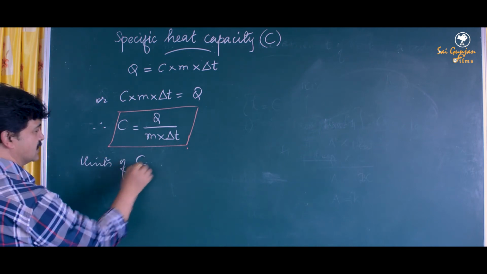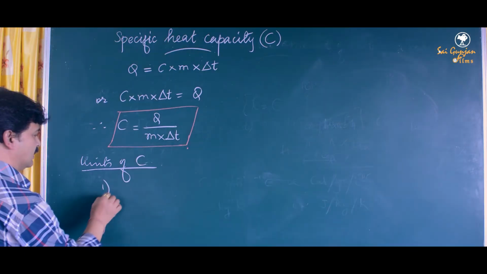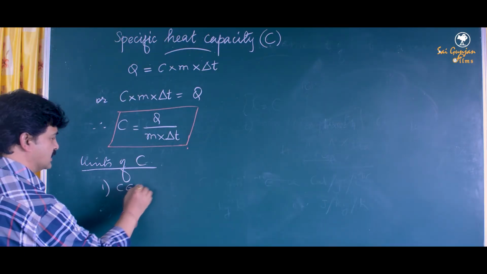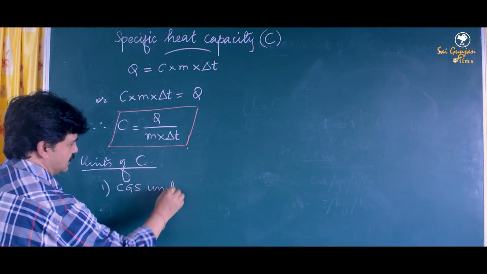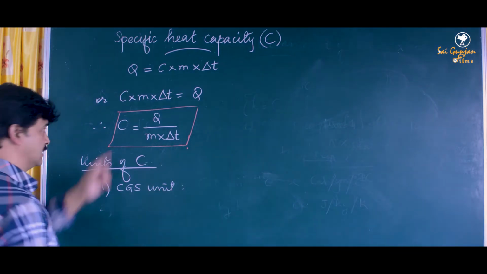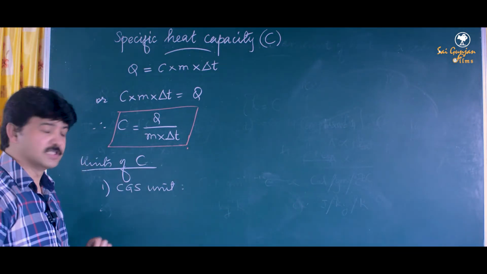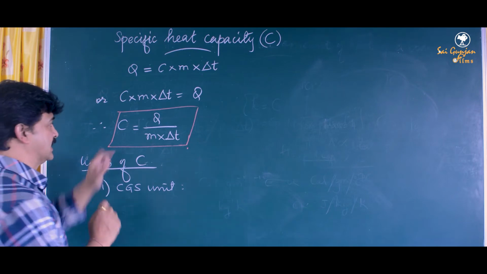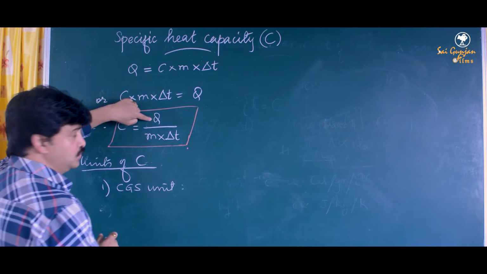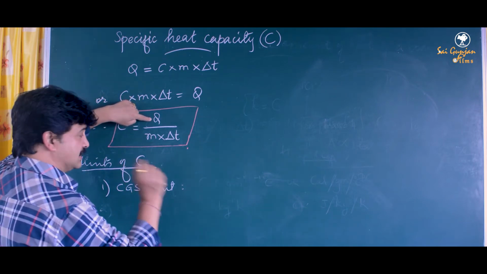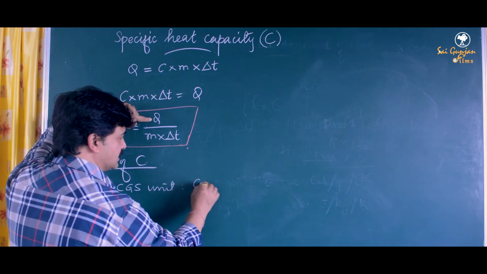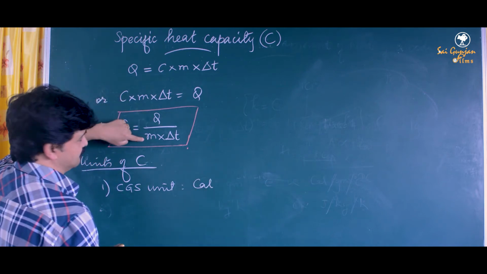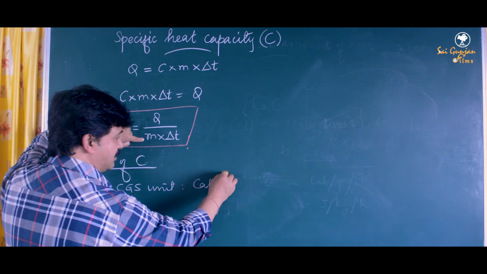Units of C. Now, first the CGS unit. This formula will give you the units of C. Now, Q means the heat. So, what is the CGS unit of heat? It is calorie. Now, this is in the denominator, that means per.